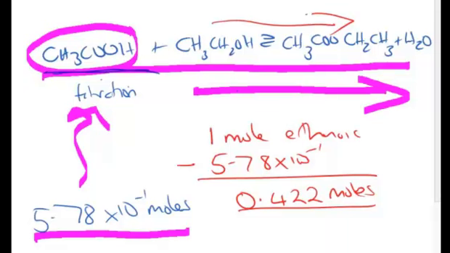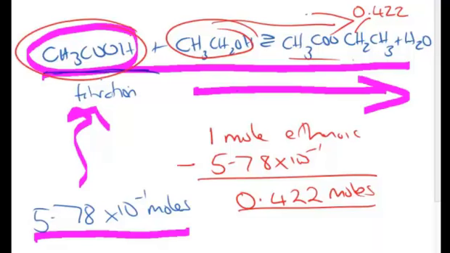So if that's the number of moles that went across, then we know that's the amount of moles on that side, 0.422. And then we know that this must also be the amount of moles of water, and the amount of moles of alcohol, and the amount of moles of acid on that side.